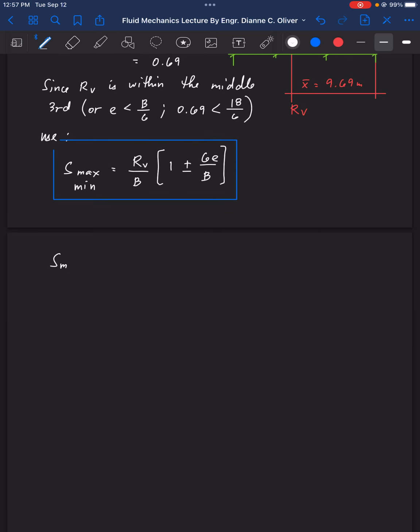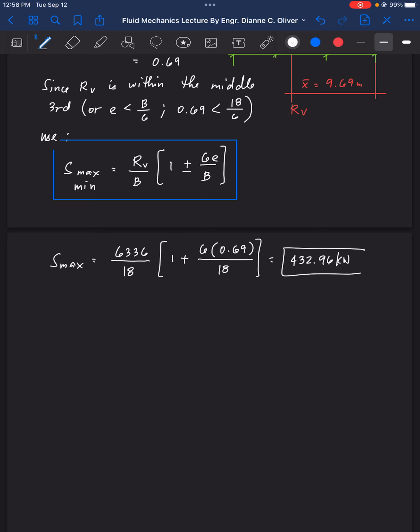S max is equal to RV, 6336 divided by our base of 18, times 1 plus 6 times eccentricity of 0.69 divided by the B of 18. Therefore, S max is equal to 432.96 kPa. The unit here is kilopascal.